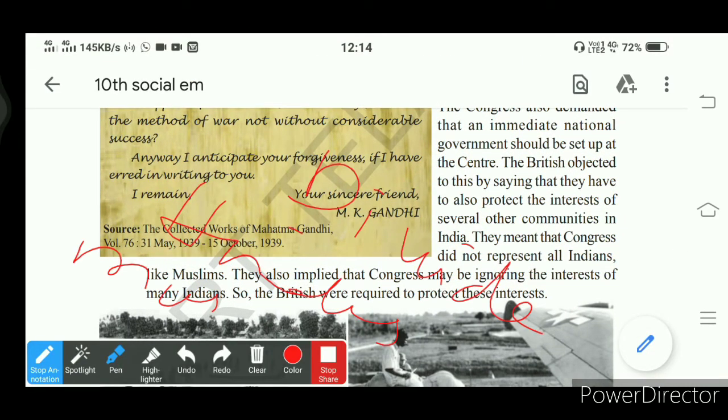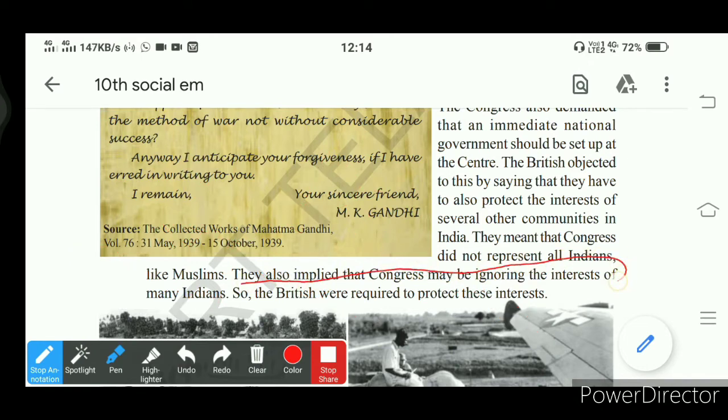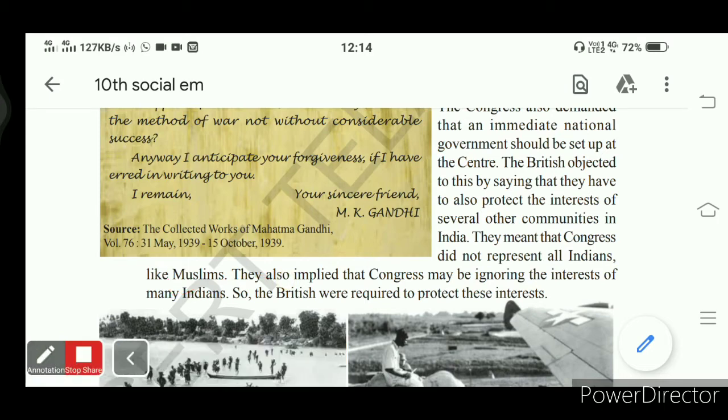Here is the point: it is representing only Hindus. It's not representing many of the Indians. That is a question raised by the Britishers.